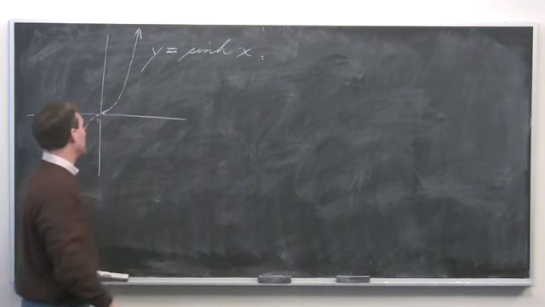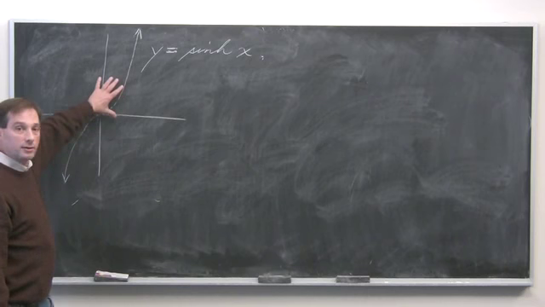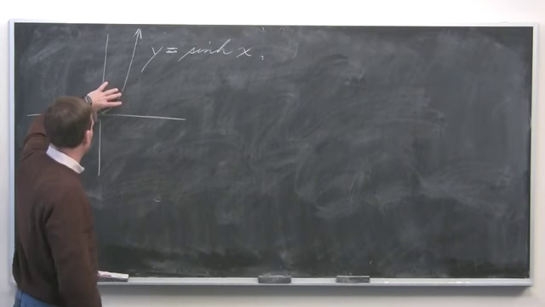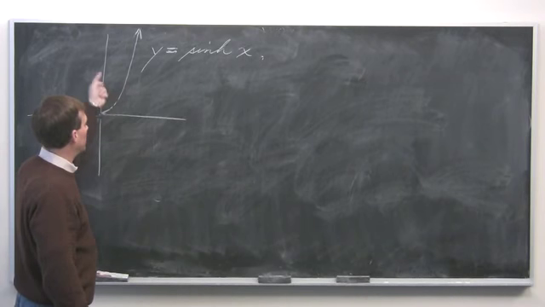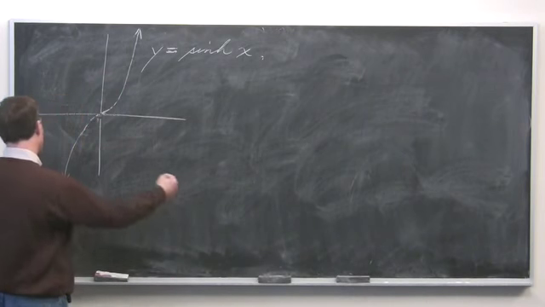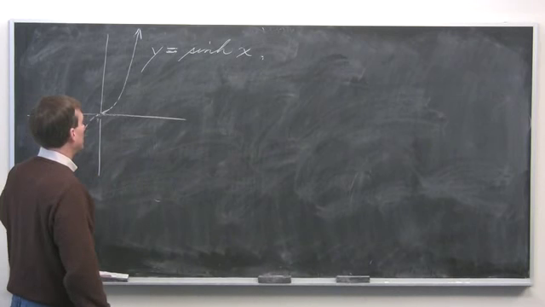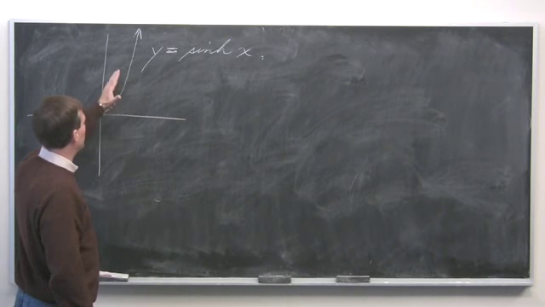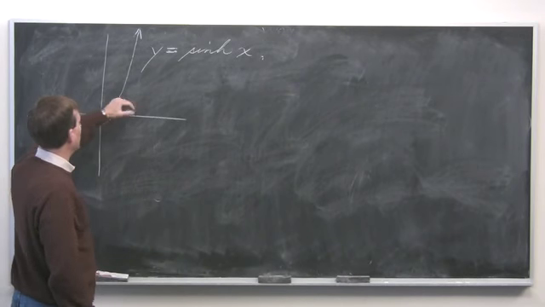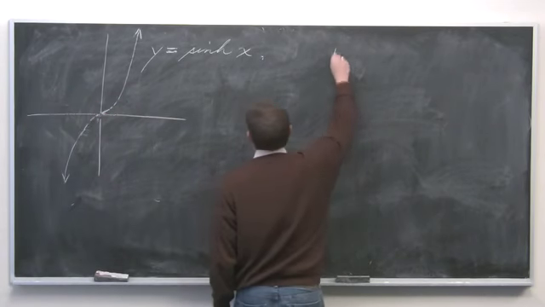What you're supposed to get out of this is that it's odd. The function's odd, so the graph is symmetric about the origin. As x goes to infinity, hyperbolic sine goes to infinity. As x goes to negative infinity, hyperbolic sine goes to negative infinity. It actually does those things very quickly. The function is always increasing, and it's concave up when x is positive and concave down when x is negative.